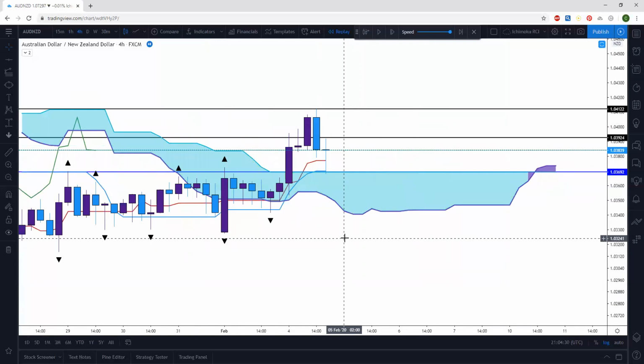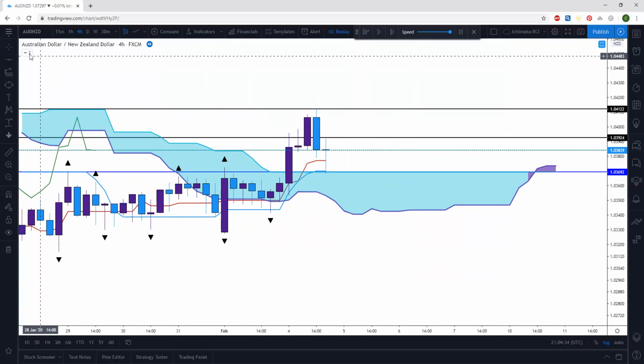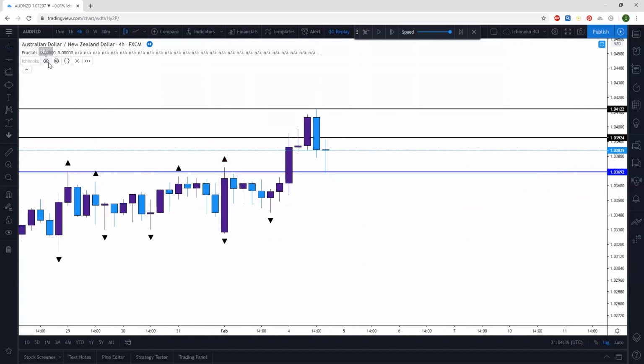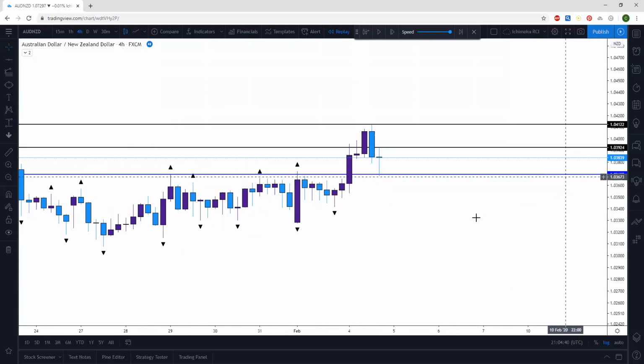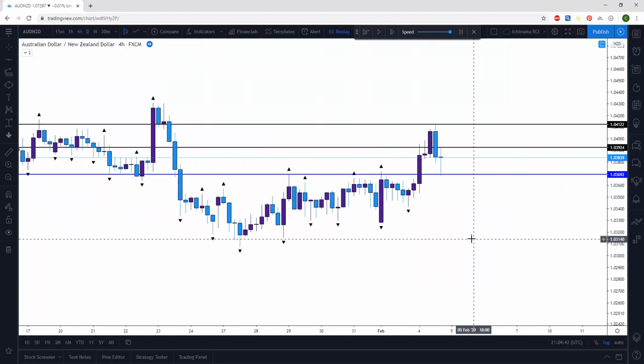Well, now since you don't know that, this is the next step. Let's take this off now. Does this change your perspective? Are you keeping to your same bias, or are you going to look for an opportunity now?